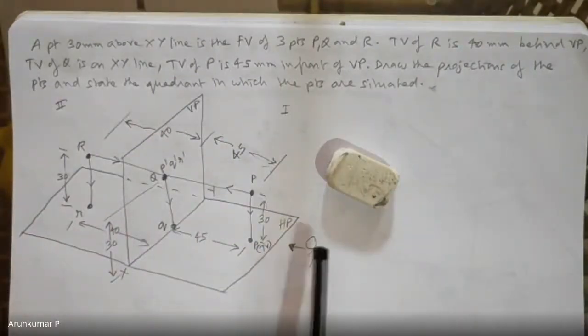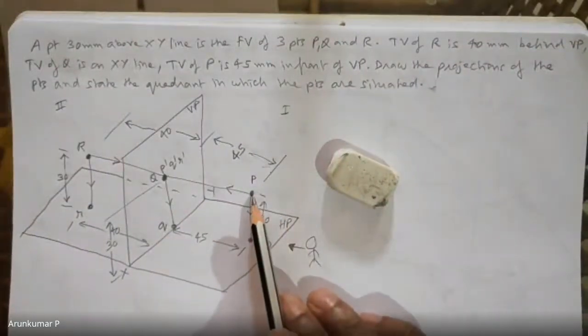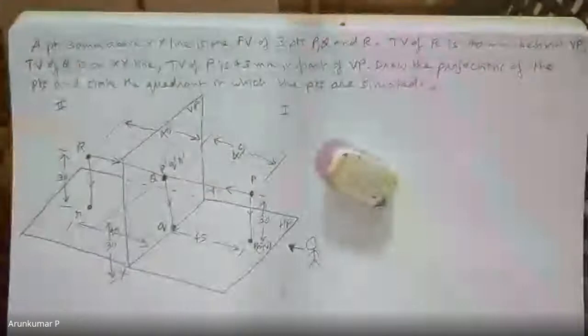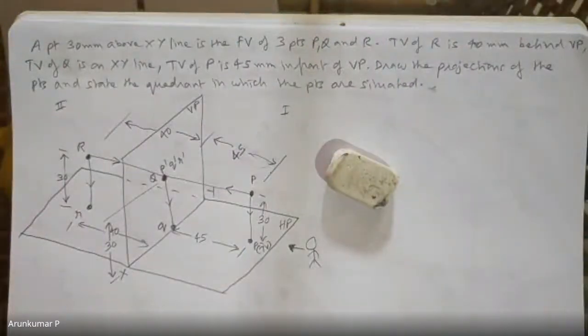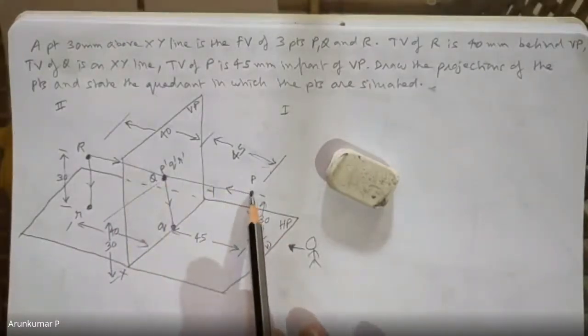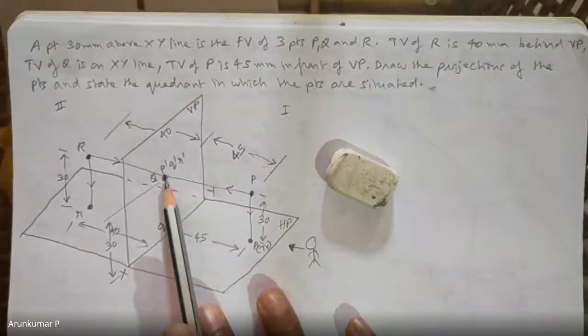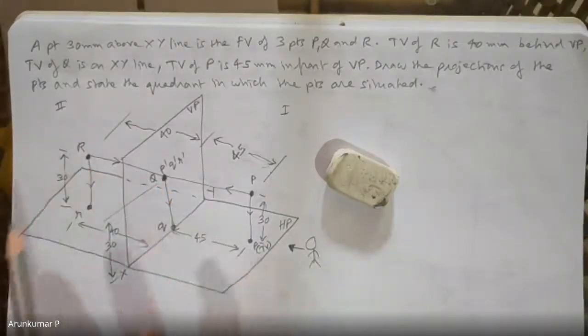If the observer is looking in the front view, then which point will he see first? P, Q, or R? P. It is like you are keeping one point behind the other. First you are keeping the point P, exactly behind P you are keeping Q, exactly behind Q you are keeping R, one behind the other.